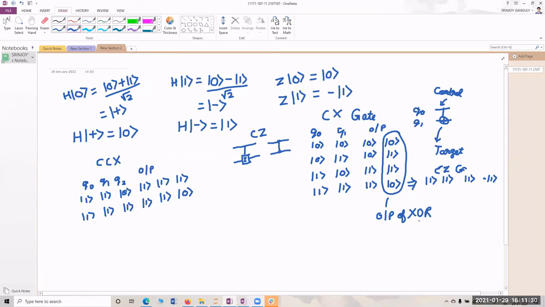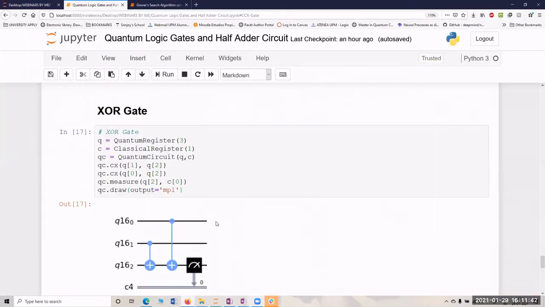So now you need to again verify how the CX gate is an XOR gate. Again, just compare the truth tables of the CX gate, which I gave you, with the classical XOR gate, and you will see that it matches.